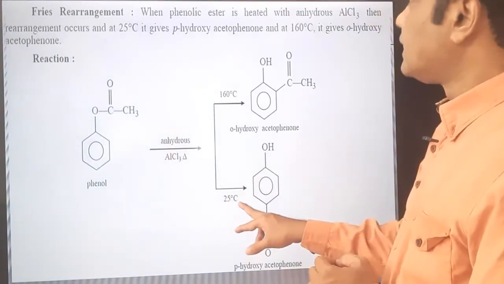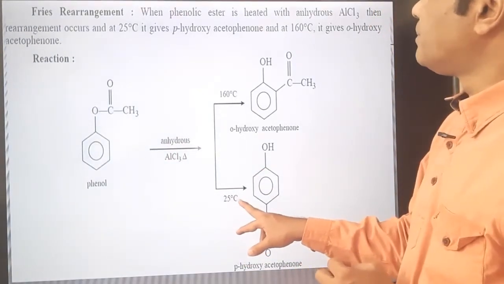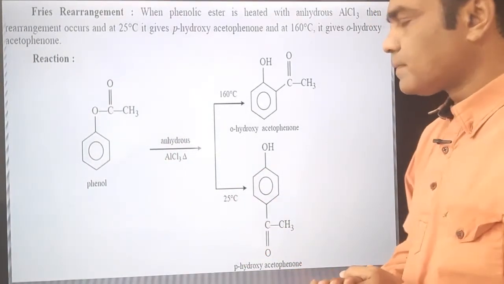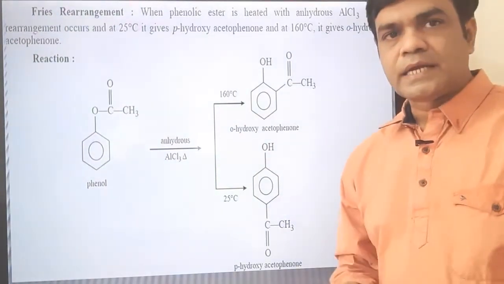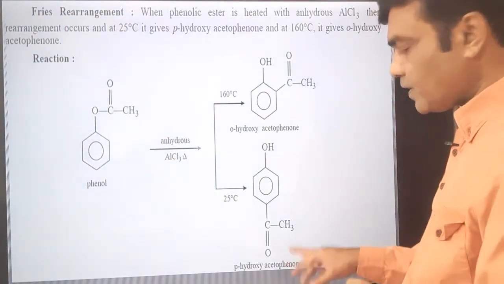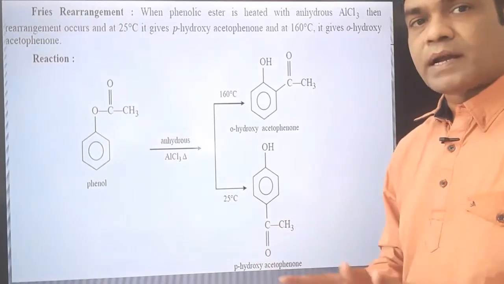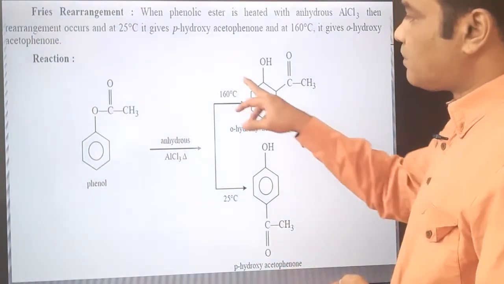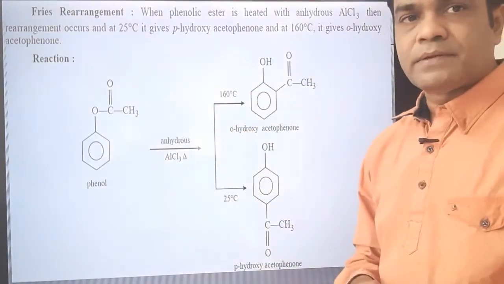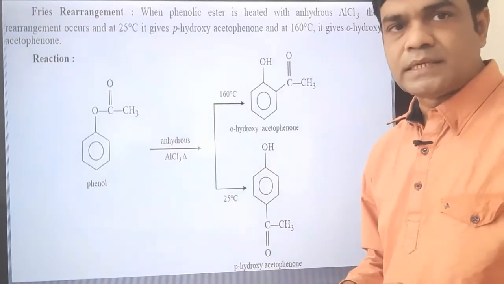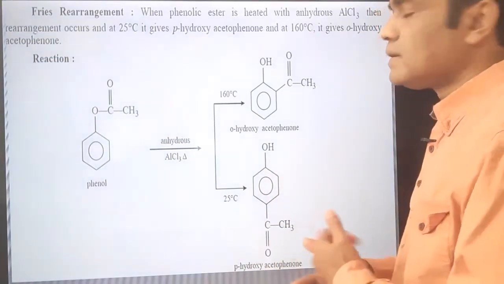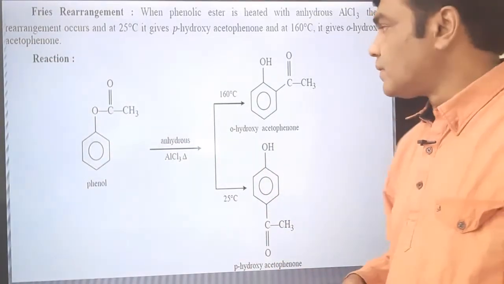This product is obtained at low temperature, that is 25 degrees Celsius, and is called the kinetically controlled product. Which product is obtained at low temperature? Para-hydroxy. And the product obtained at high temperature, here 160 degrees Celsius, is called the thermodynamically controlled product.